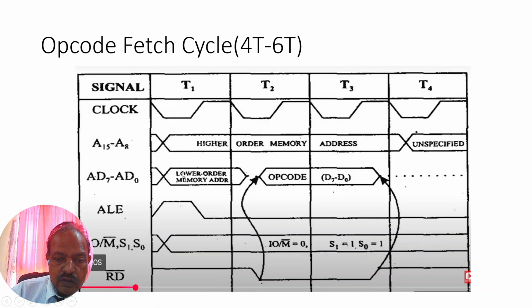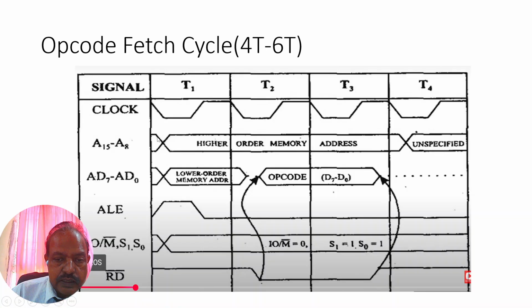So here there will be the opcode, and there will be the lower order memory address. Memory address A0 to A7 is the lower, and A8 to A15 the higher order memory address. I already told you. So if it is accessing the higher order memory address, then A8 to A15.